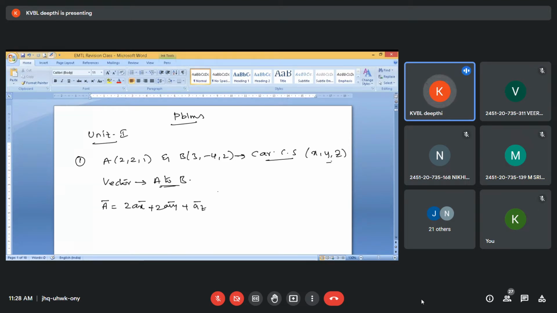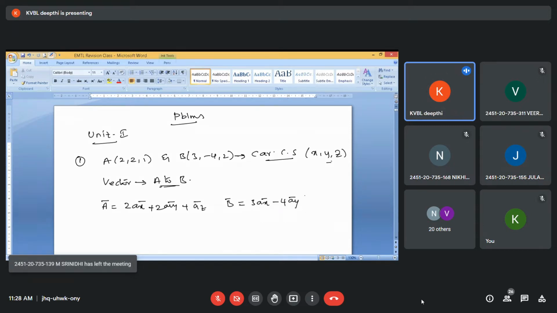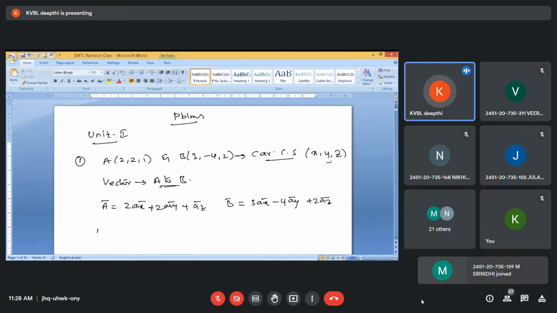Then B bar is 3ax minus 4ay plus 2az. So like this we will be writing the equations first. Then we have to find the vector moving from A to B, that is, AB bar. It will be given as B bar minus A bar.